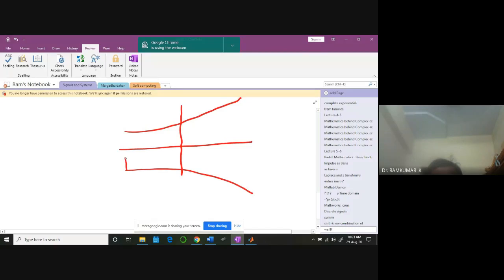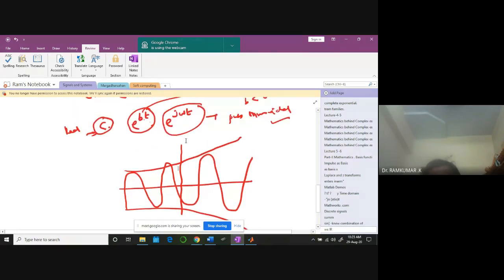When it cuts at this point, the amplitude of the signal at t equal to 0 is going to be C, because C is getting multiplied. The amplitude of this sine wave is going to have C. So this C amplitude is going to get multiplied with e power bt and e power j omega t.